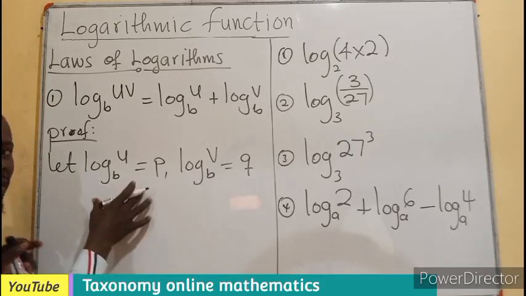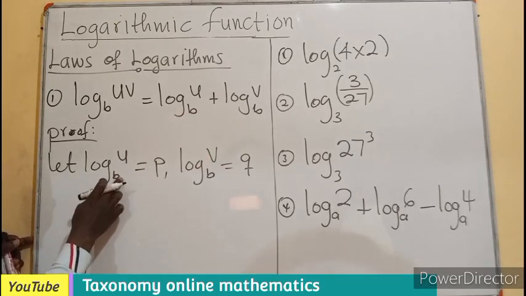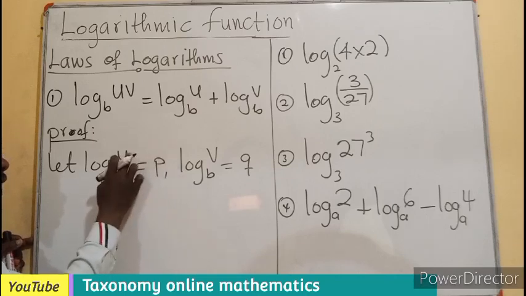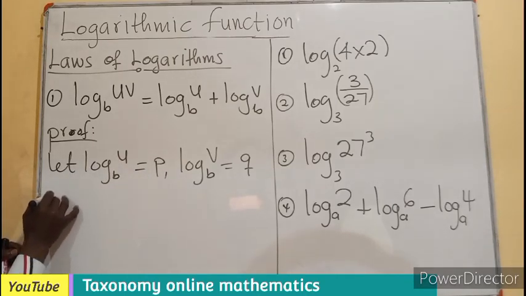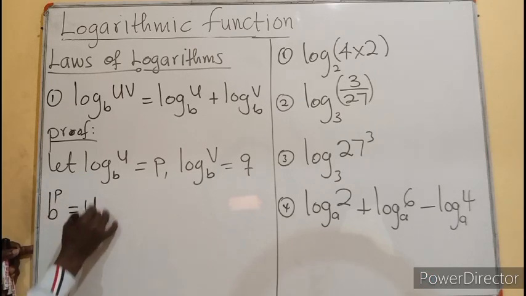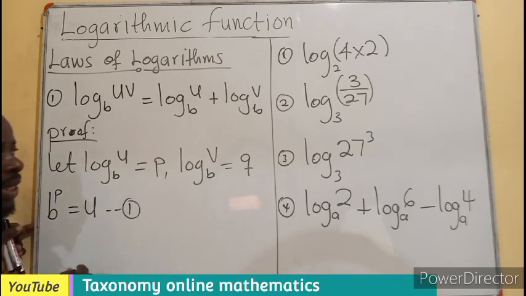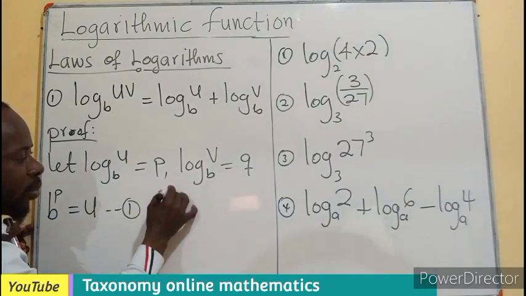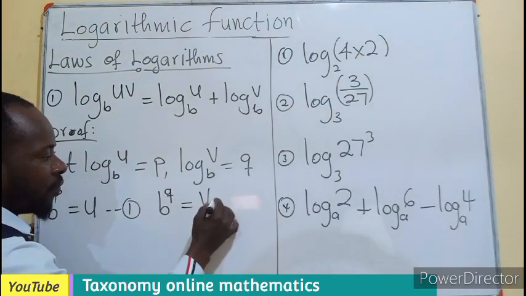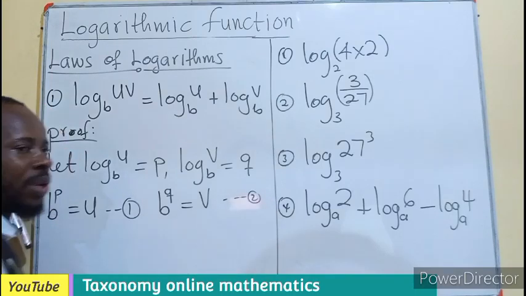Moving from logarithm into indices, b exponent p equals u as my first equation, and b exponent q equals v as my second equation.